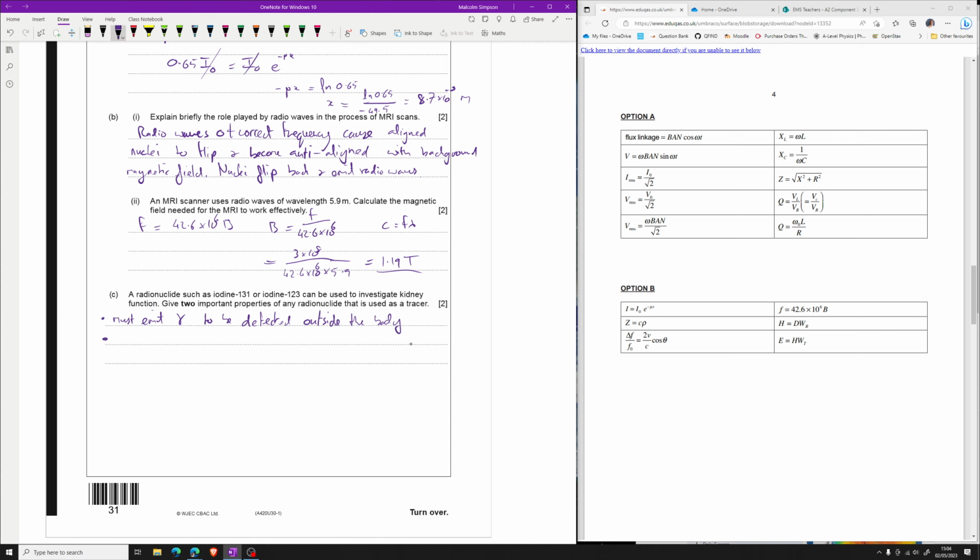Other important properties, it's going to have a reasonably short half-life, so the patient is not exposed for a prolonged period of time. You don't want the patient to be radioactive for days.